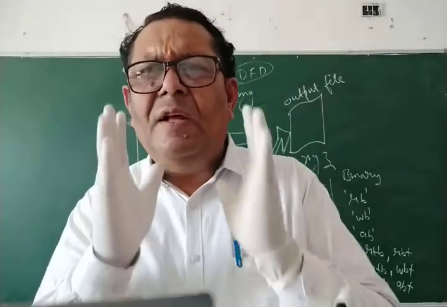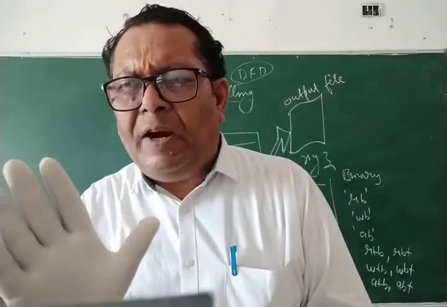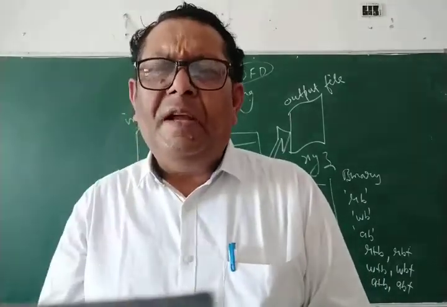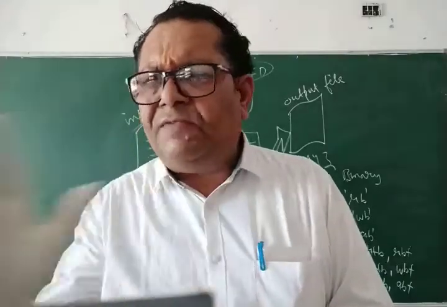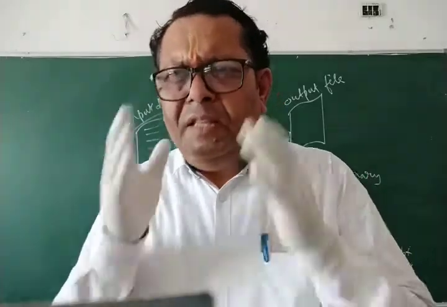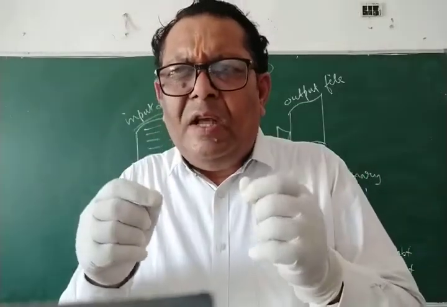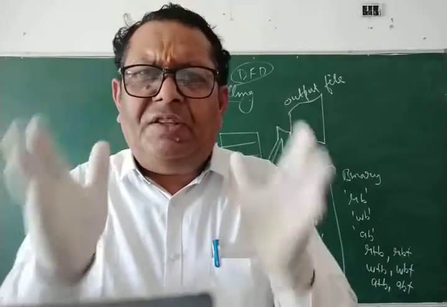For that you will use the binary files. Because in the binary files there is no white space, there is no change of line, there is no EOL. All the data is present in a continuous form. Because in this file, we are not concerned about whether the data is in readable form or not. We are concerned about how much data is stored in the file.